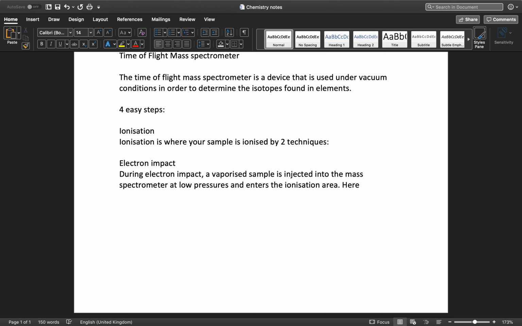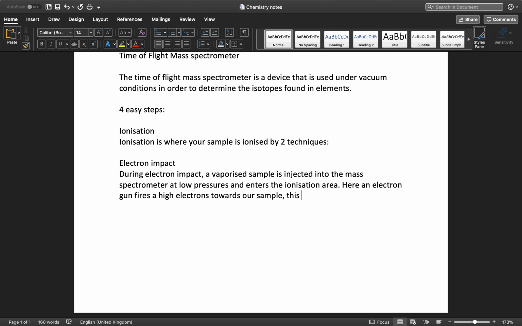Here, an electron gun fires a high energy electron towards our sample.